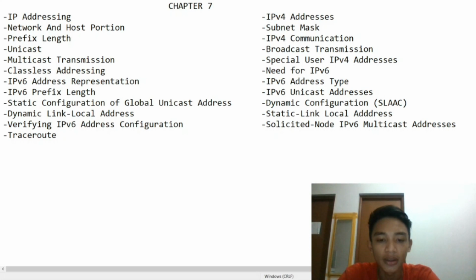The dynamic link local address. All IPv6 devices must have an IPv6 link local address. A link local address can be established dynamically or configured manually as a static link local address. Static link local address.